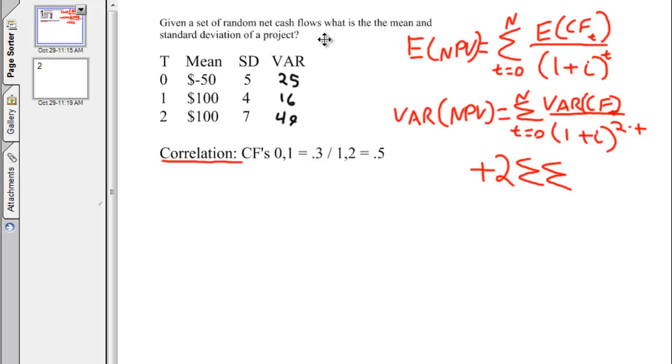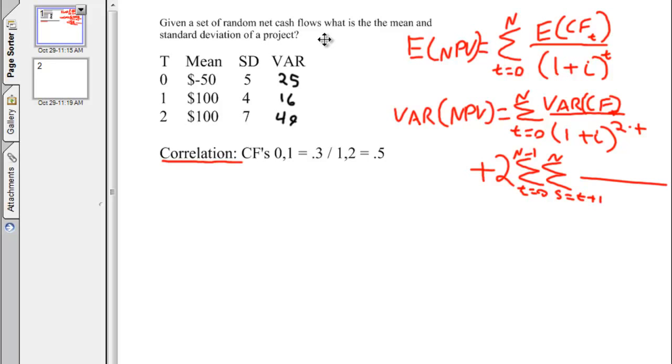The first sum is t equal to 0 to n minus 1, and the second one is s equal to t plus 1 to n. And then we have the actual factor.